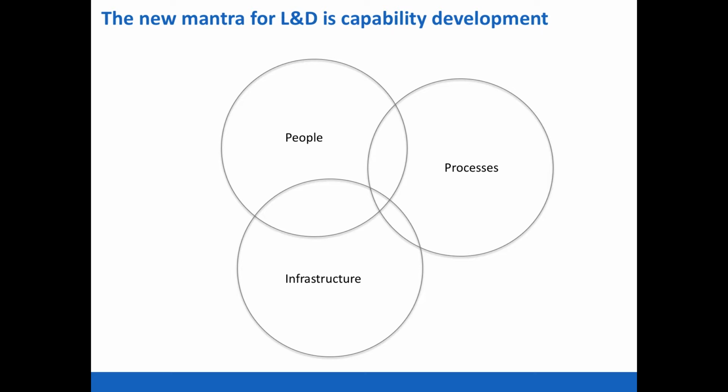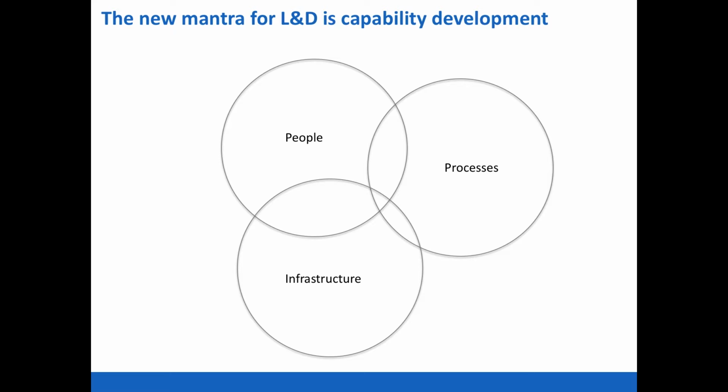Now, one of the big themes I really want to talk about is a new mantra for L&D of capability development. It's interesting because essentially anytime someone mentions capability development, people are looking for a definition, and it can mean many different things to many different people. And essentially each organization seems to be taking their own definition for it.